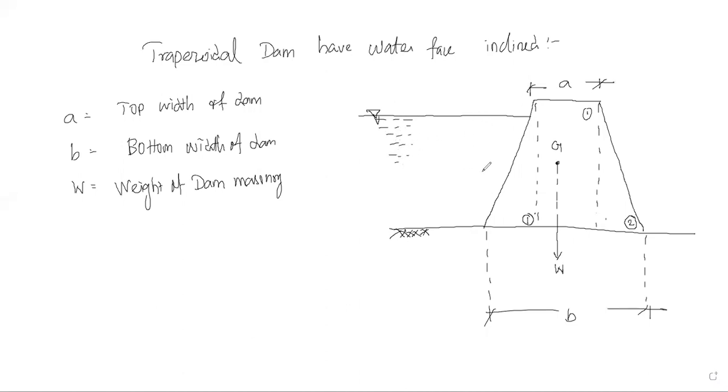Because of this inclination, we have the water pressure perpendicular to this face, that is F. It may go like this, the force F, and the resultant becomes like this.